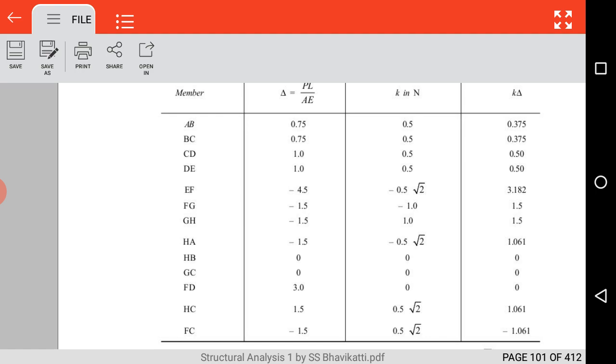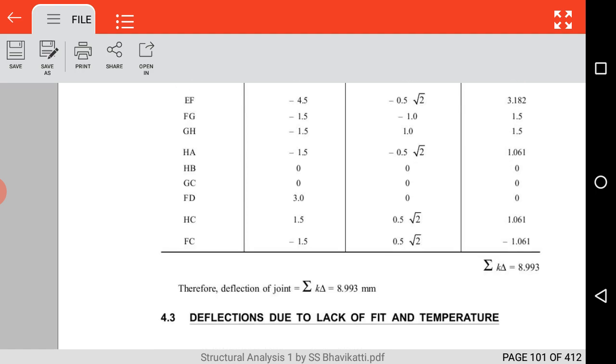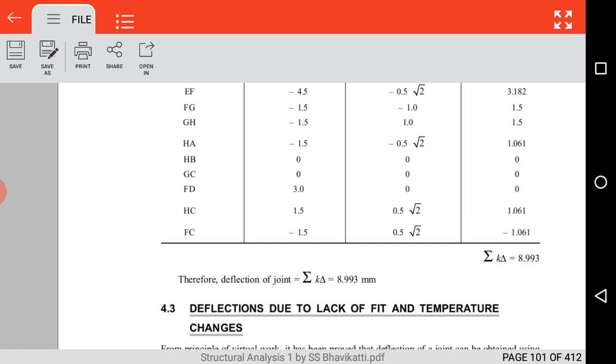The deflections delta, that is PL upon AE, which is already given in our question, have been noted down for each and every member. The value of K, which we calculated by using the method of joints, is written over here. By multiplying these two columns and taking the summation, we find that the total deflection at the joint C is equal to 8.993 mm.